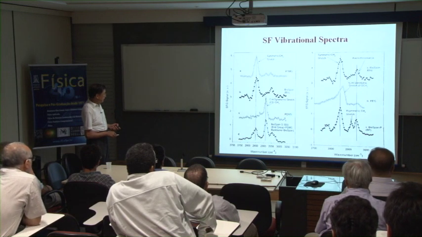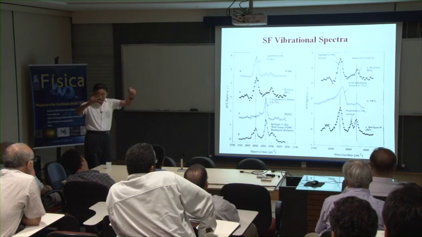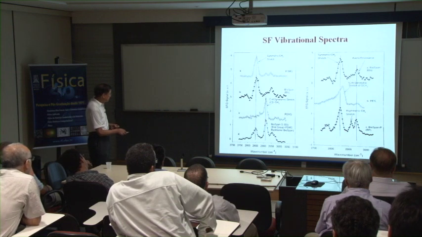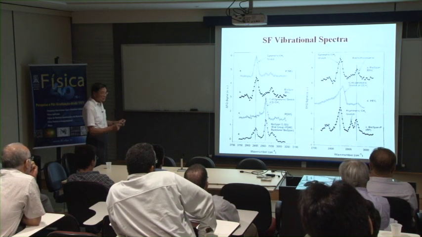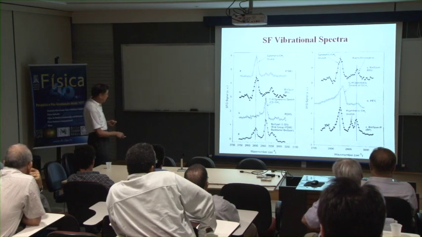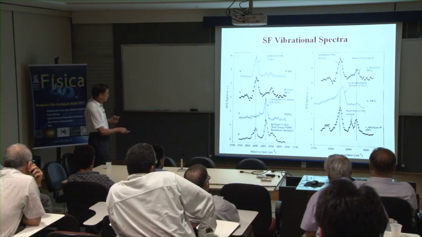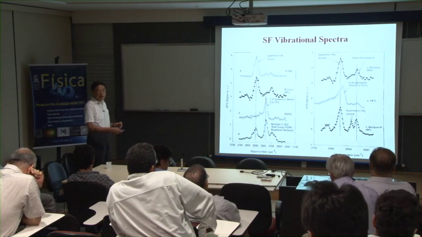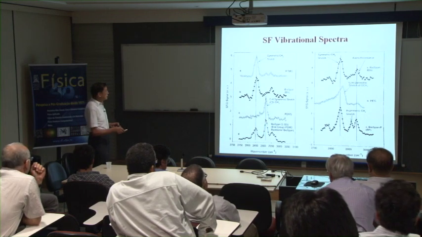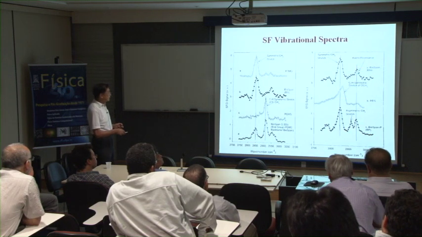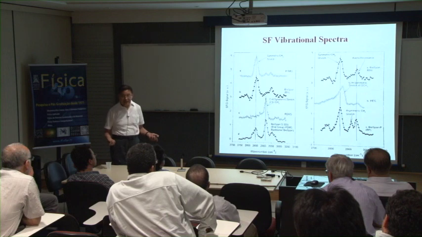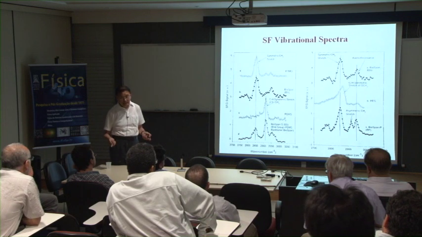PDMS alone, without this long chain, has this particular spectrum. But then this biopolymer with PDMS at the end actually shows PDMS appearing at the surface. It's also true for the others and so on. But anyway, I just quickly say that the spectra are different, and you can see why they are different.